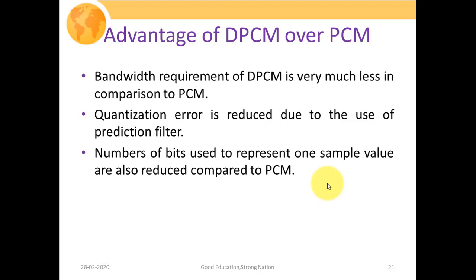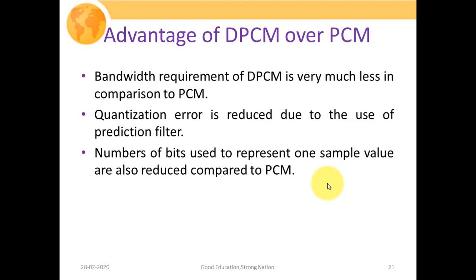Quantization error is reduced due to the use of the prediction filter. This is what we had already discussed, and it is quite obvious too. If the predictor output is equal to the incoming sample value, the quantization error is reduced. The number of bits used to represent one sample value is also reduced in comparison to PCM.